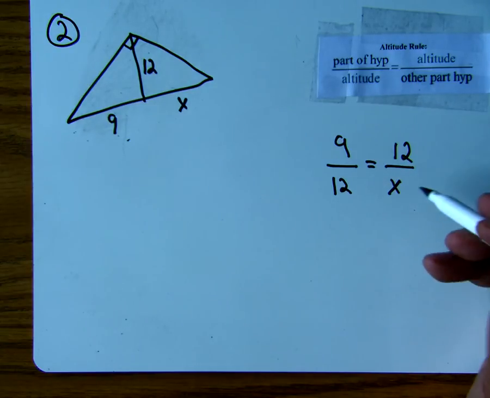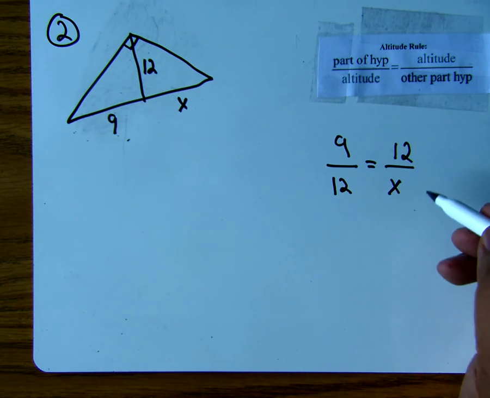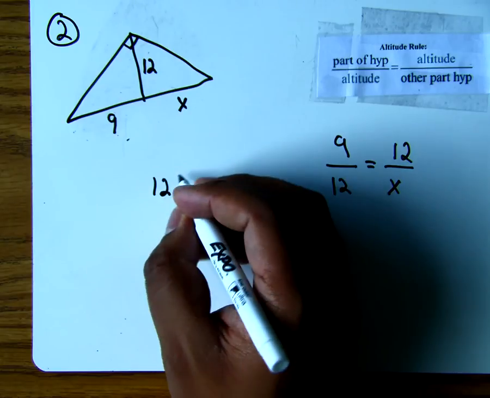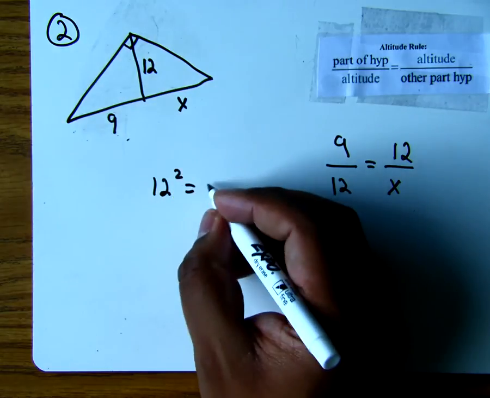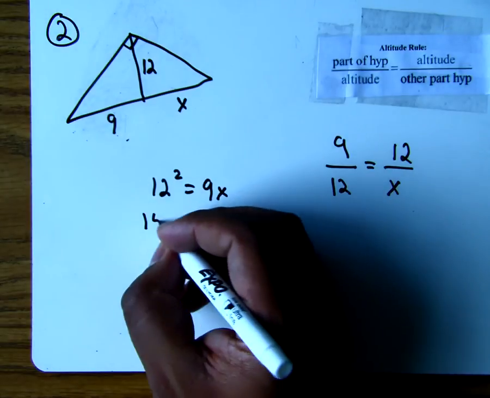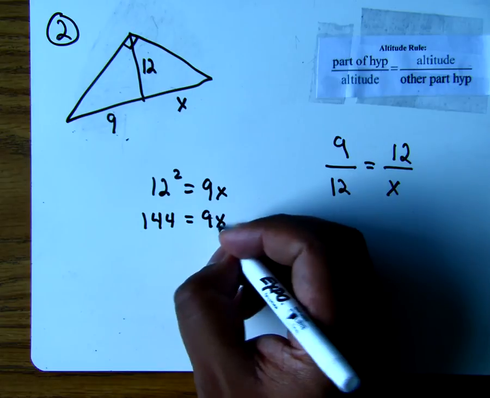So don't let that throw you off. But on this problem, we got our x here. We're going to cross multiply and solve for x. So here we get 12 times 12, which is 12 squared, is equal to 9x. 12 squared is 144, equal to 9x.